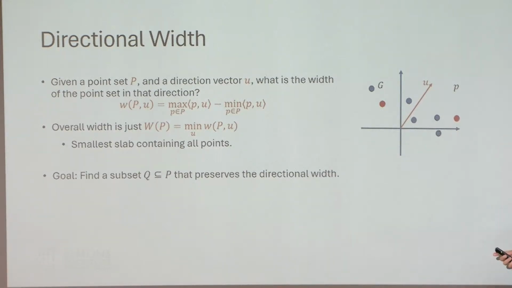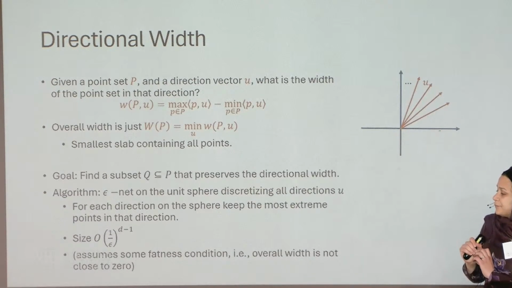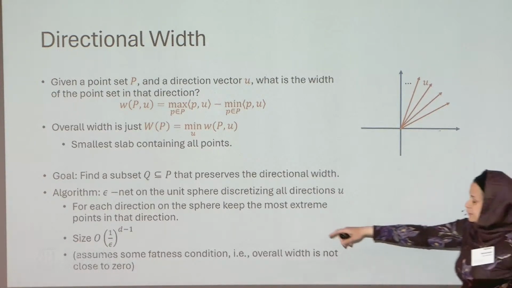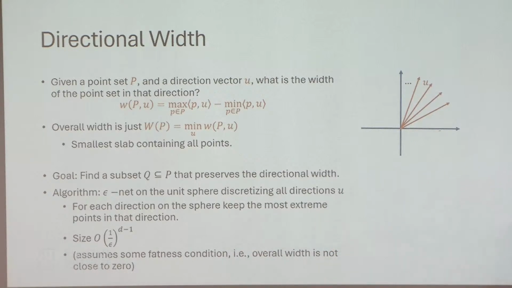And then in order to compute the coreset, you can just impose an epsilon net on all possible directions, and for each of those directions, you can just keep the most extreme and least extreme points in those directions. Okay? So 2 points per direction, and the size of this epsilon net is (1/epsilon)^(d-1), so the size of the coreset will be the same. Okay, so no matter how many points you initially have, like n could be much larger than this number, you can always reduce the number down to this.